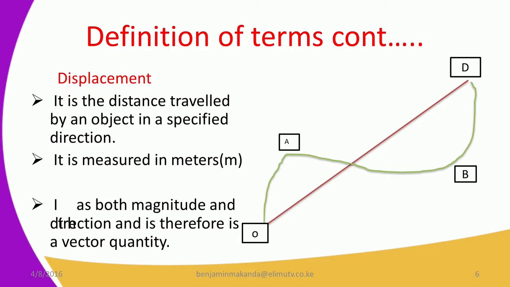So O to D is the distance an object moves in a specific direction, and that becomes displacement because direction is indicated. However, O, A, B, and D is the length between the two points, but the direction is not shown. This is what makes distance and displacement different, and that's why displacement is a vector quantity while distance is a scalar quantity.